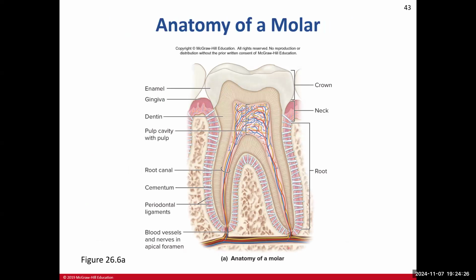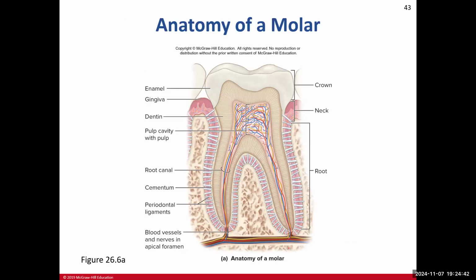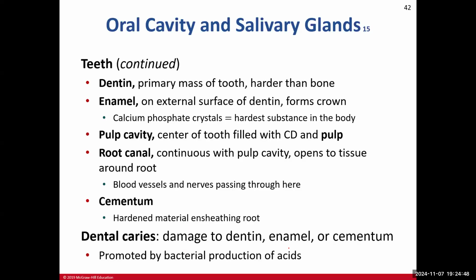From these vessels down here, you've got arterioles, venules, and then some lymphatics and some nerves that are all going to be within the pulp cavity. The root canal is this area right here, where the roots of the tooth insert down into the maxilla or into the mandible. And then covering the roots we see this substance called cementum.